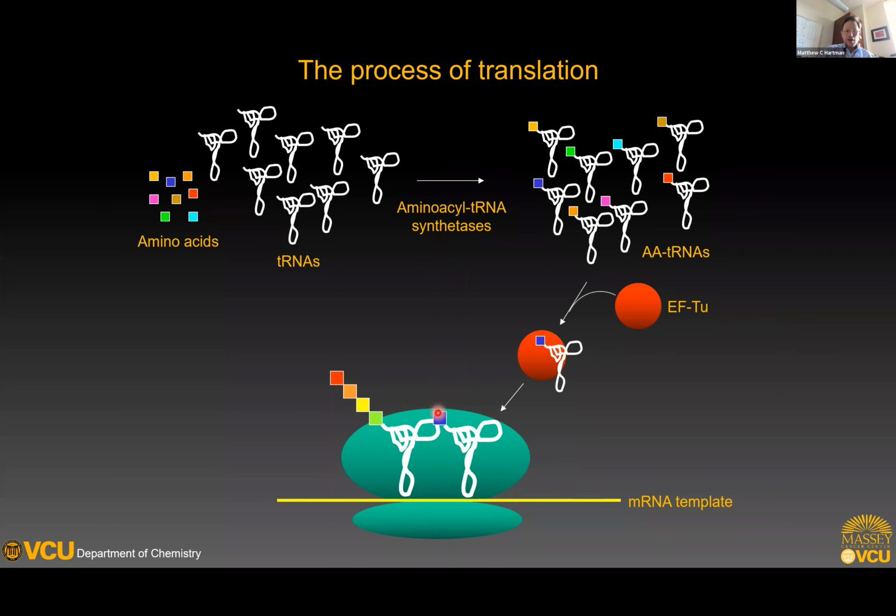What the ribosome does is catalyze an amide bond formation between the nascent growing peptide and the new amino acid coming in. So an amide bond is formed, and the tRNA switches positions. This is the A site, this is the P site. From the A site to the P site, a new aminoacyl-tRNA comes in, corresponding to the next codon, and the process is continued. Eventually, at the end of the day, we make peptides or proteins as a result.